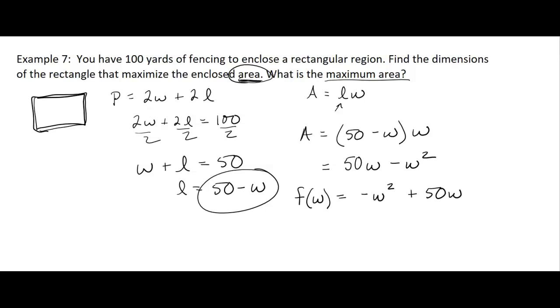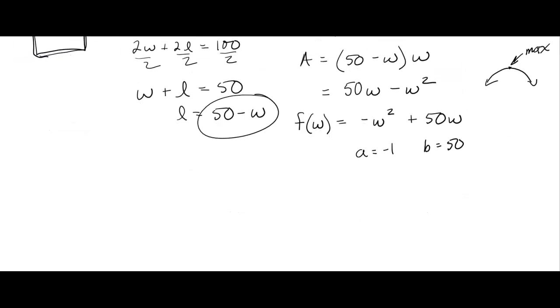Now, for that function, A is -1, right? So we're seeing an upside down parabola, and so we will have a maximum value. And that's what we're trying to figure out then. What's the maximum area? We also know that B is 50. That allows us to find the vertex, so at least H, and then we'll have to plug H in to find the output.